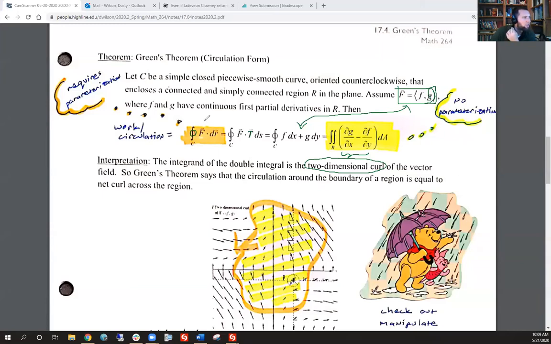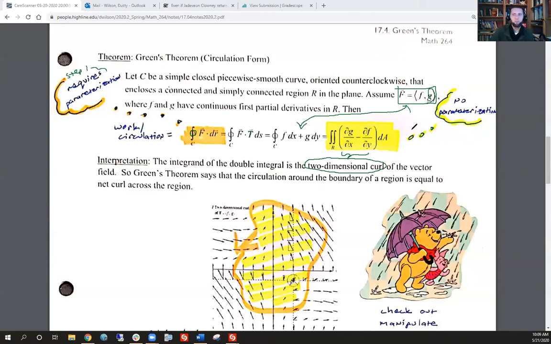Couple notes about this. When you're in the world of line integrals, if you want to evaluate a line integral, step 1 is that you have to parameterize. But parameterization is hard.